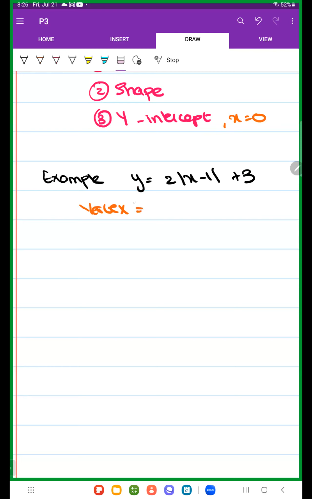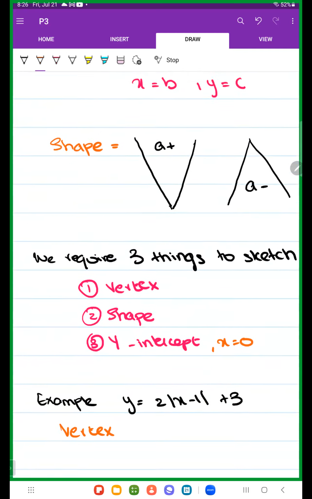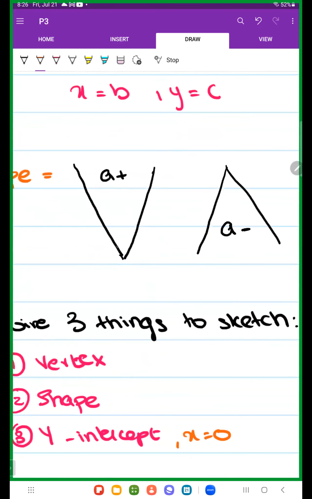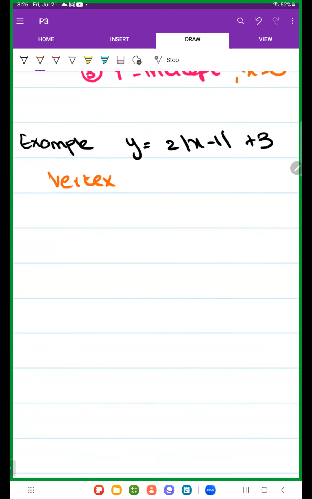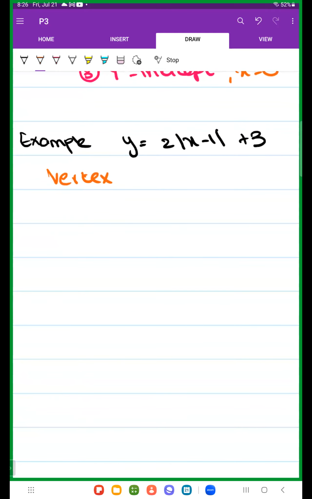When I'm talking about the vertex, it's basically this point. So the vertex would be x minus 1 is 0, so x is 1 and y is 3.